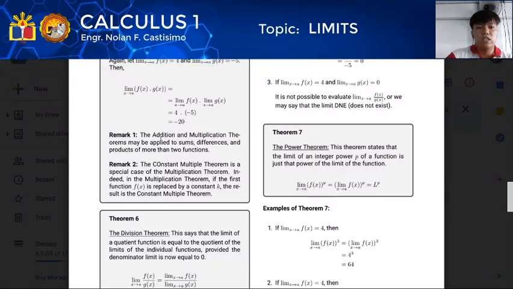So, remark 1. Diyan. The addition and multiplication theorems may be applied to sums, difference, and products of more than two functions. So, yung sabi dito, emphasize ko, more than two functions. So, pwedeng maging 3 functions and 4 functions.